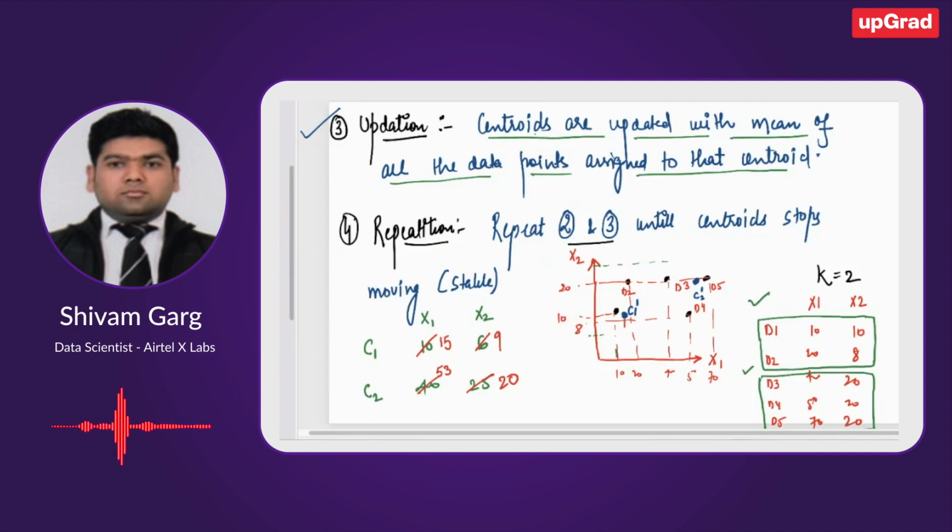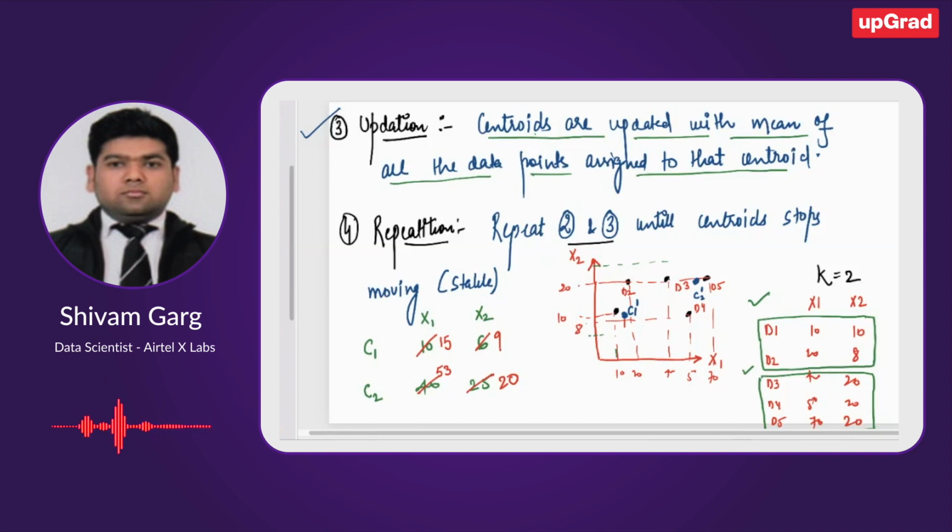And definitely we have to stop somewhere. We will stop when the data points assigned to clusters are not assigned to any other cluster in the next step. It means your clusters become stable. I'm repeating this line: we keep on repeating assignment, update, but we have to stop somewhere. We do not want to go into an infinite loop.